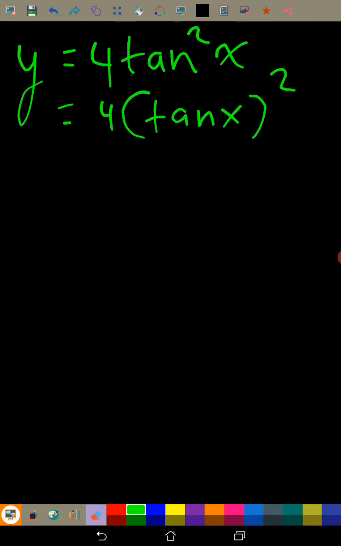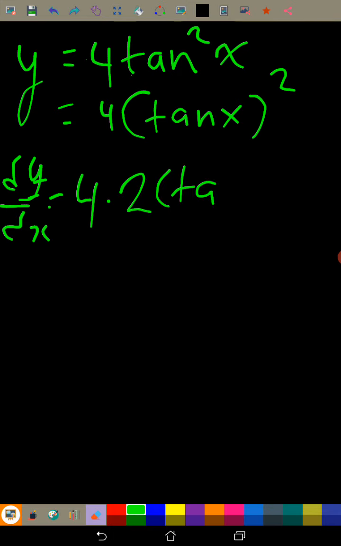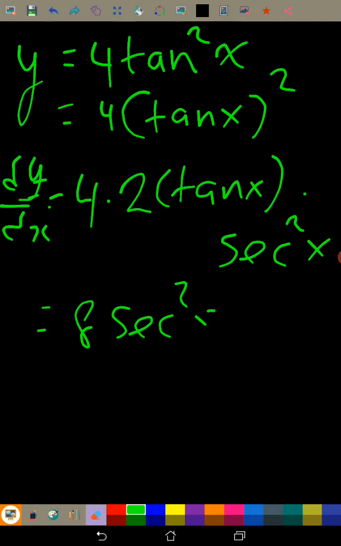I think that's how we can rewrite this, and we can just differentiate. dy by dx is equal to 4. This is outside, we don't have to deal with it. And then we differentiate what is inside using the chain rule. We have 2 tan x times what is inside, sec square x. So it's going to be 8 sec square x tan x.